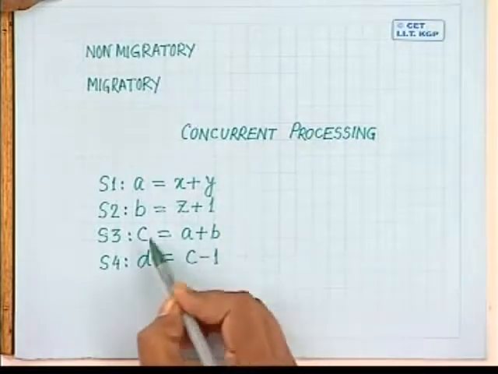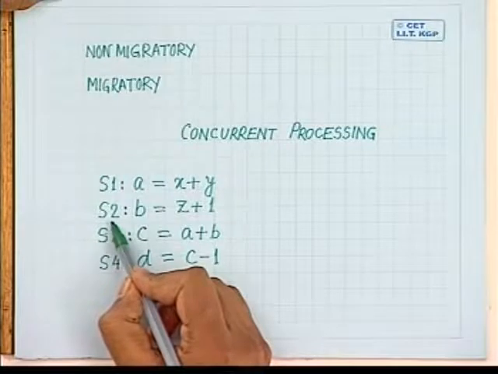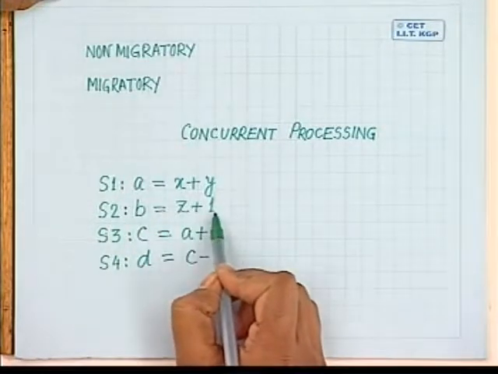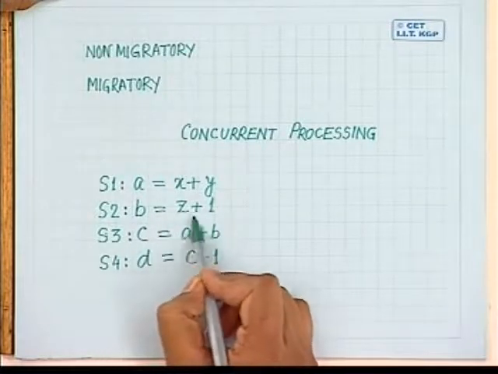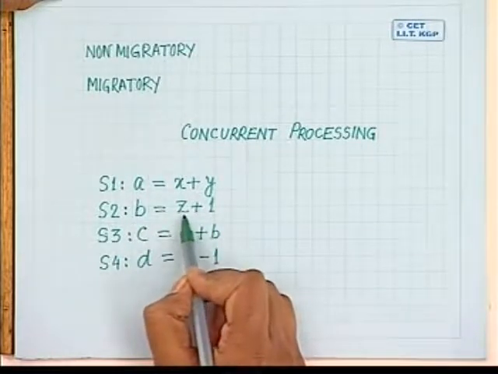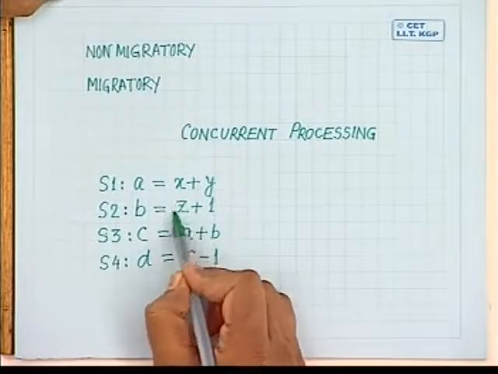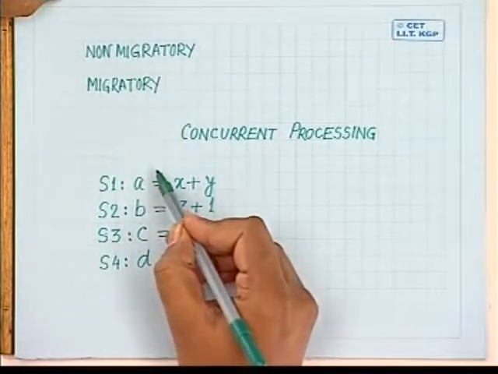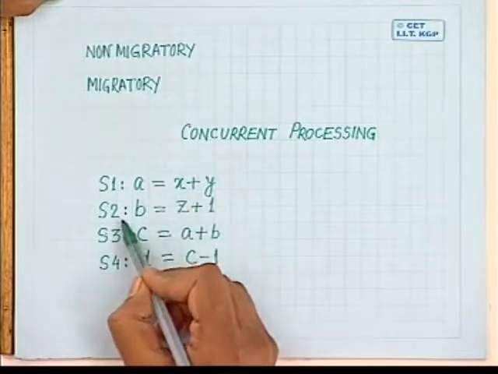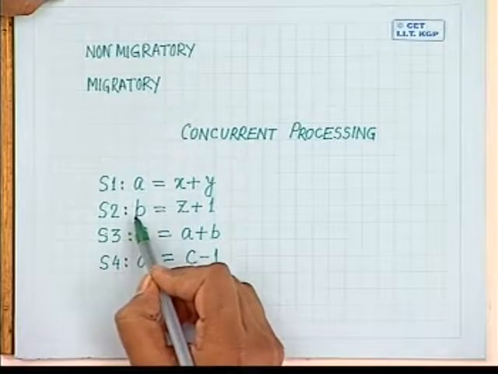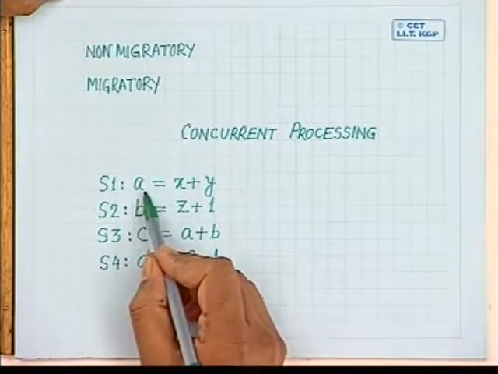Similarly, statement S2 says B equal to Z plus 1, and here again the variable used is Z, and Z is not computed in S1.